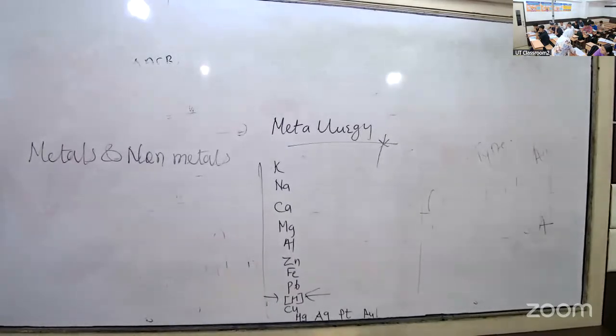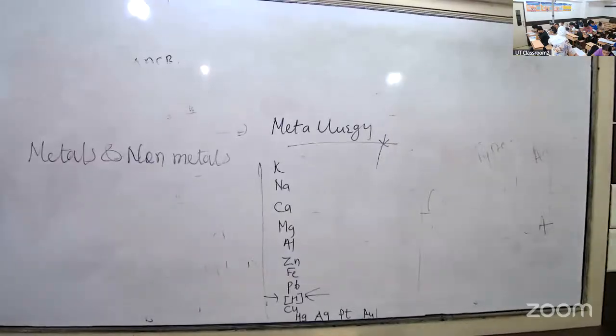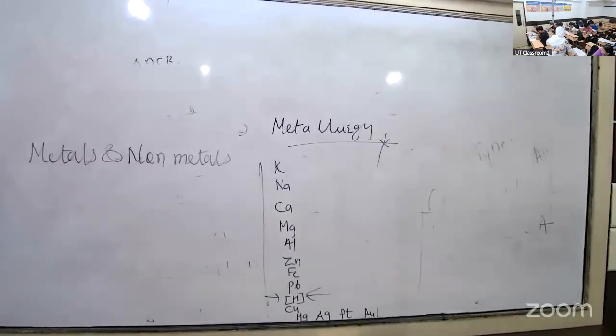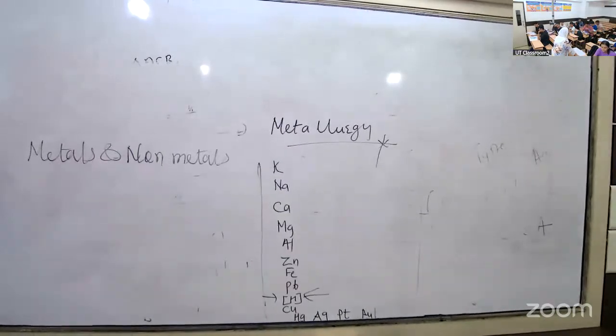Complete the sentence: electropositive character decreases on moving down the series. Done? Because you have to complete the remaining part of the sentence.